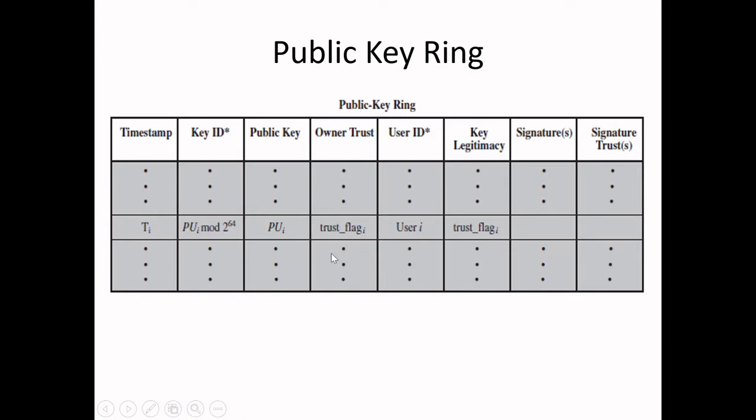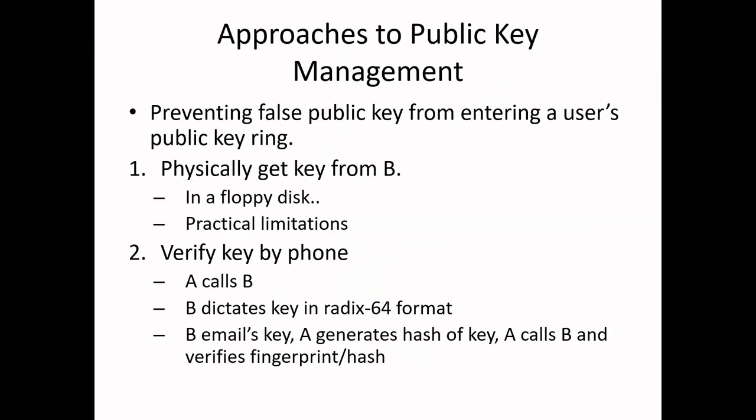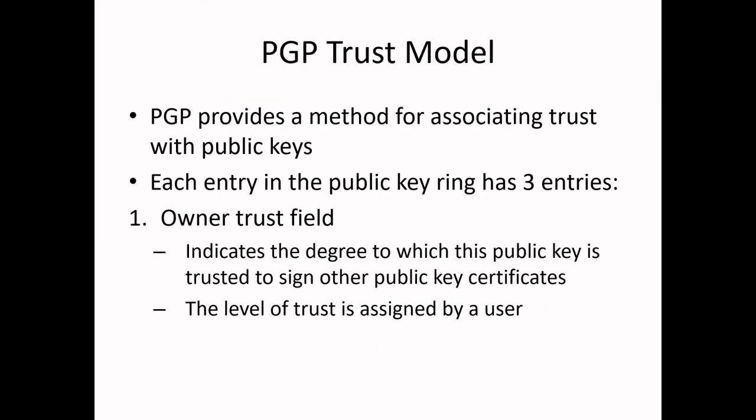Here a value is given by the owner A to this public key which is entered here, and it indicates a degree to which this particular public key is trusted to sign other public key certificates. This field is populated by the owner.